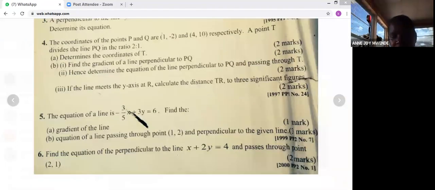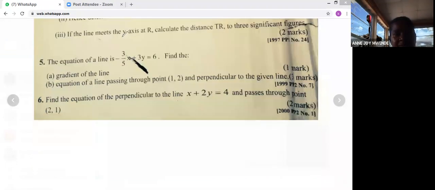Okay, I'll try to write so that you can understand. I want to draw fast.